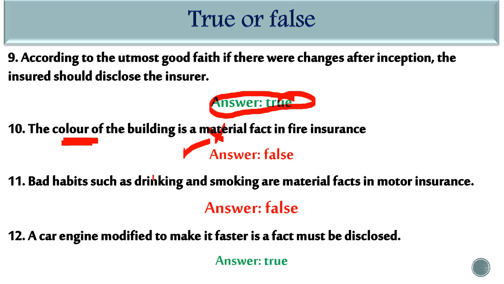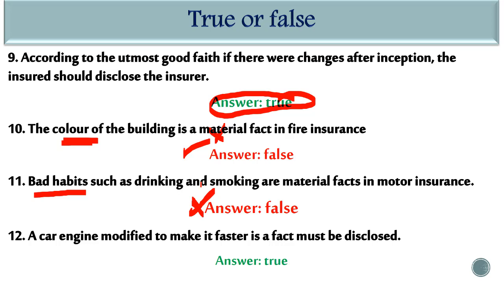In marine insurance, nature of goods and the marine route. In life and health insurance, the material facts are age, occupation, medical history, and bad habits. So bad habits is one of the material facts, but in life and health insurance. So the answer is false.